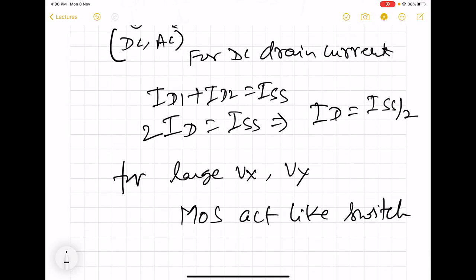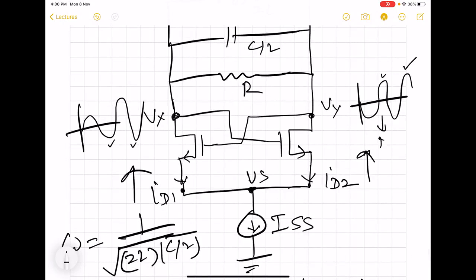So the consequence is that the entire ISS will be flowing through one of these MOS. At these moments, M1 is on, and at the same moment, M2 is going to be off.